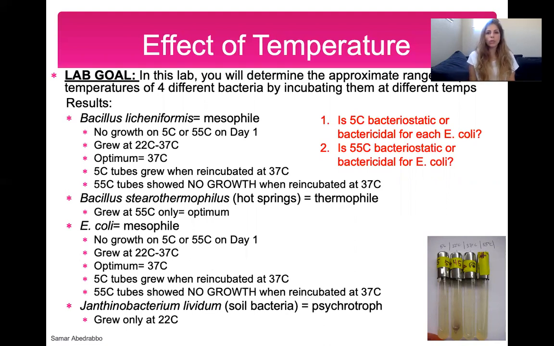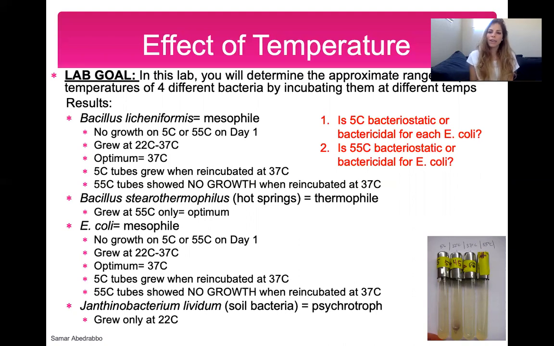And when we take the tubes that had no growth, for example, for Bacillus licheniformis, that was 5 degrees Celsius and 55, and we re-incubate them at 37 degrees Celsius, which is the optimum temperature, we see that the tube that was originally in the refrigerator, 5 degrees Celsius, and was incubated at warmer temperatures, we see growth.